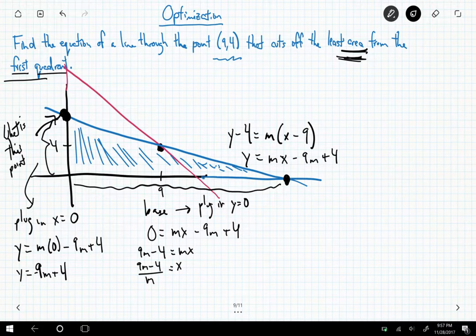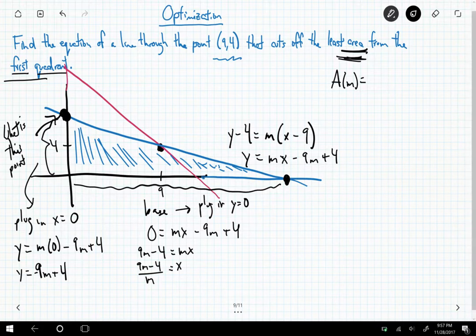Alright, now we're ready to rock and roll. I'll try and fit it up here, and maybe I'll move over to the other side. So our area equation will be in terms of m, because it's our slope that we want first, and then we'll figure out the rest from there, because as soon as we have that, we get the rest for free.